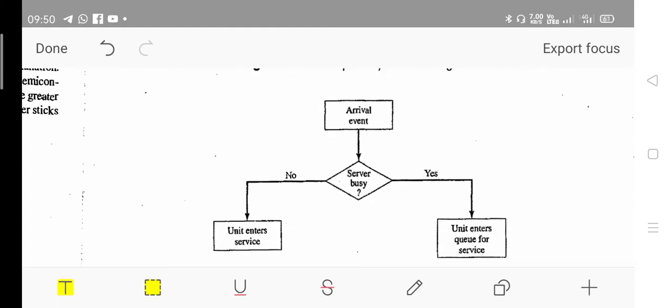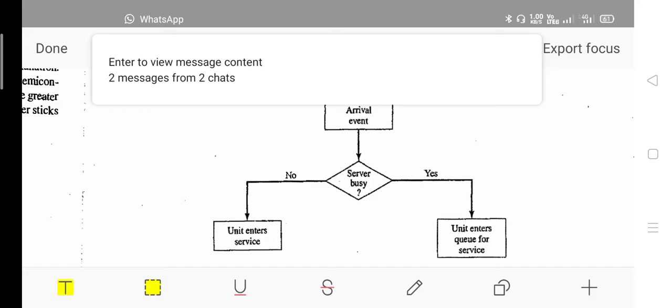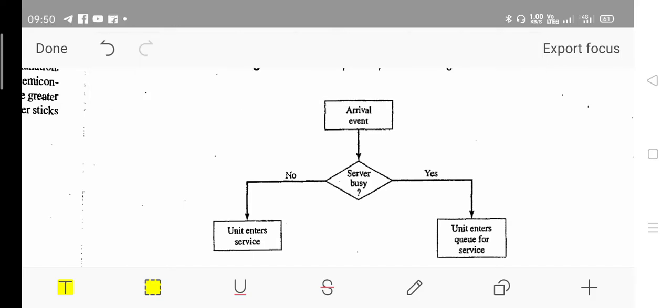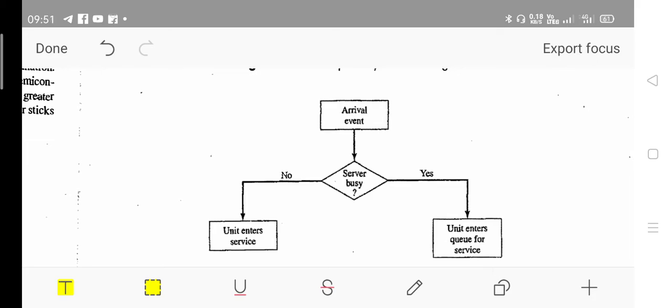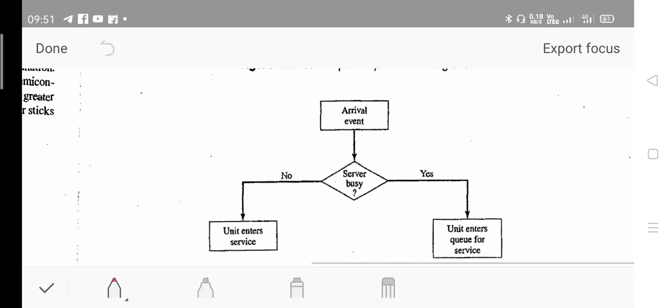Next is another type of event, the arrival event. These are the events which cause the variation of the system. So what happens for an arrival event?